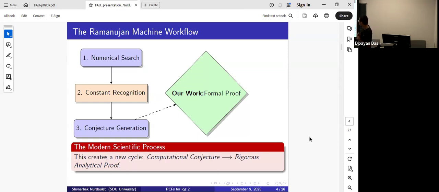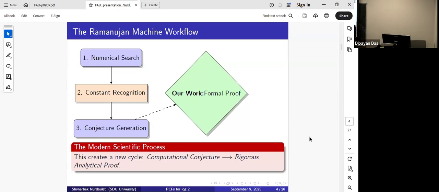Whereas Ramanujan, Euler, and others did continuous fraction representations by hand, having some logic in their heads, the Ramanujan machine does the inverse thing.